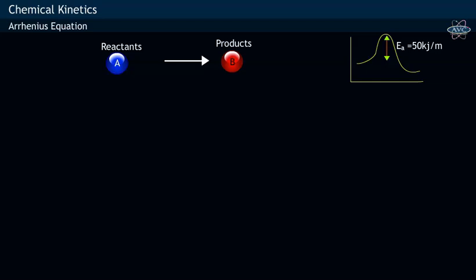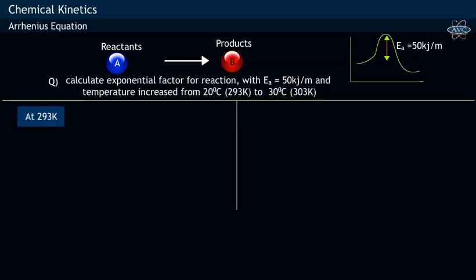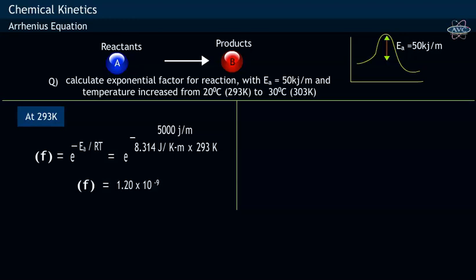For the same reaction, we shall calculate the exponential factor by keeping the activation energy of 50 kilojoules per mole constant and increasing the temperature from 293 Kelvin to 300 Kelvin. At 293 Kelvin, the f value on calculation works out to be 1.20 into 10 to the power of minus 9.